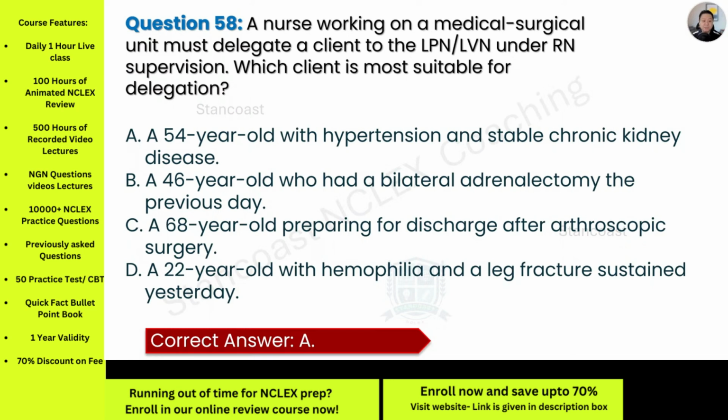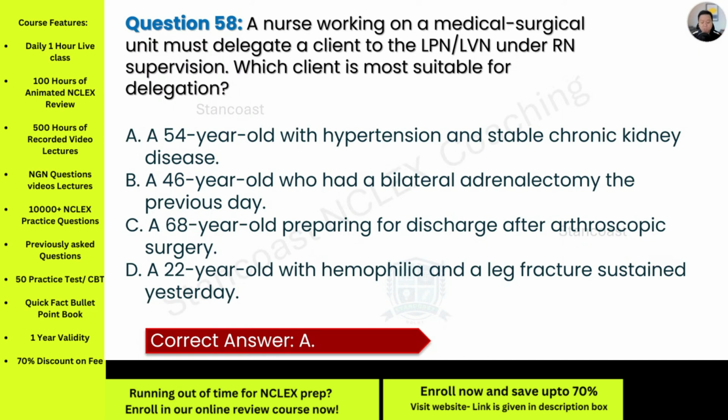Letter C is also inappropriate because clients that are being discharged require education and also follow-up care and activity limitations, and this should be handled by the RN as well. Letter D, another incorrect option. This client that has hemophilia and a history of recent fracture will need close monitoring for any complications such as bleeding, which the RN should manage.